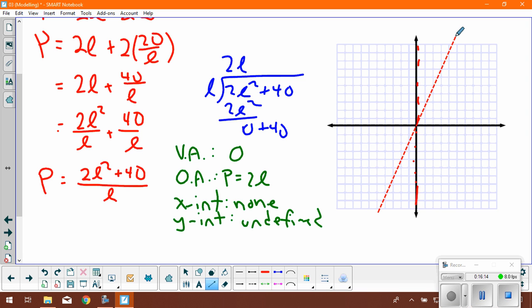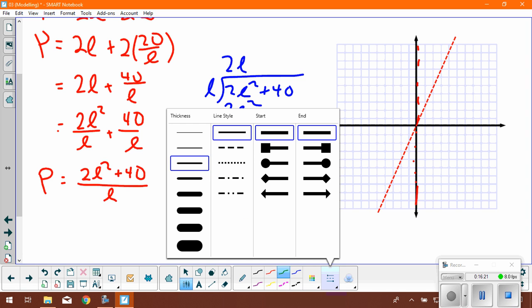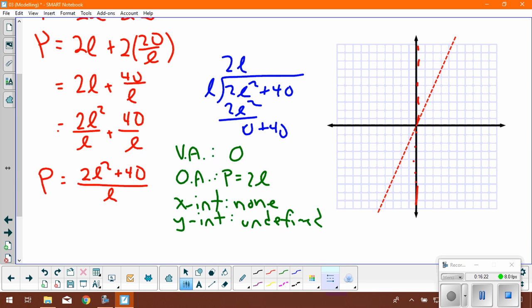But again, we'll use a few clues here. Because this didn't have any intercepts, my graph can't possibly cross the axis, right? It doesn't touch the x-axis at all. So that means the only places I could put these curves are up here, and down here. So my graph would look something like that.